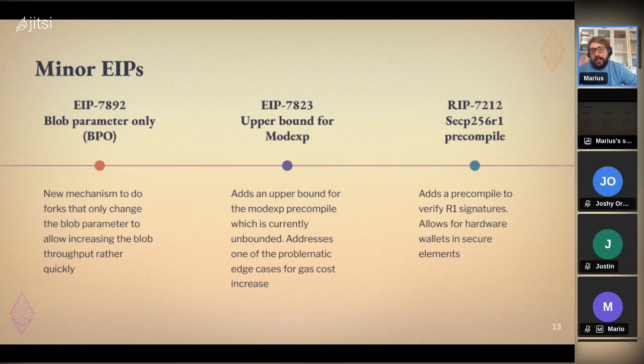And it adds a precompile to verify secp256r1 signatures. In Ethereum, we use secp256k1, which was the original signature scheme. And NIST changed it, or standardized the R1 version.